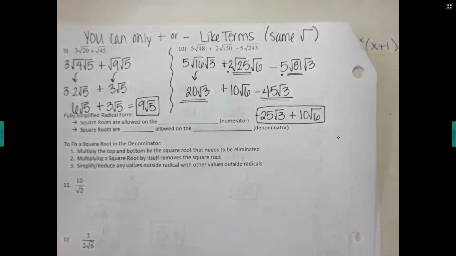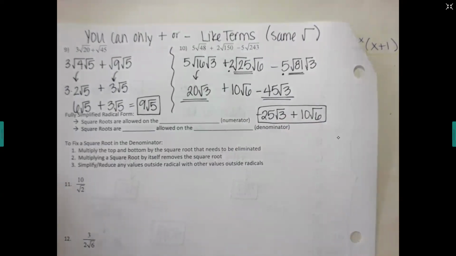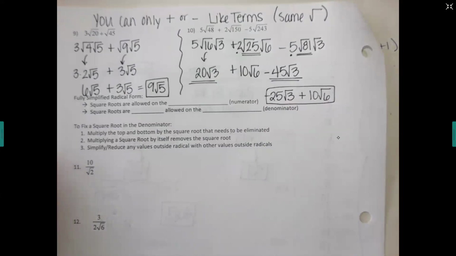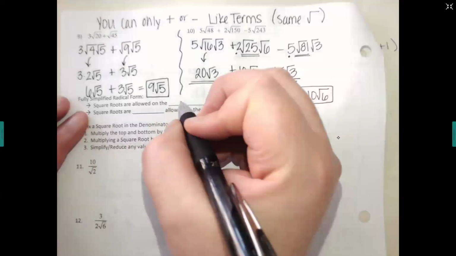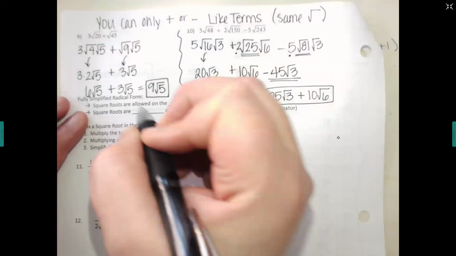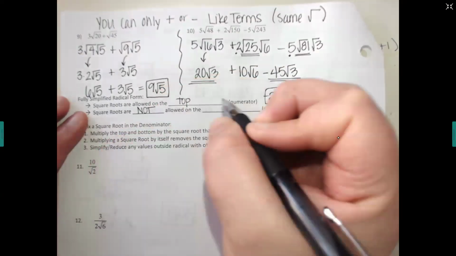Okay, one more little thing we have to cover, and then we'll be on the first half of y'all's homework. Okay, for square roots, there is a rule that you're not allowed to leave square roots in the denominator. So there's a way for you to fix it. Okay, it says right here, square roots are allowed on the top, but they are not allowed on the bottom.